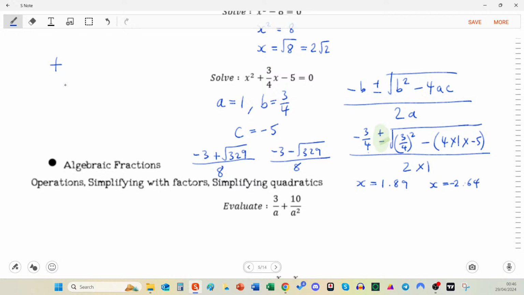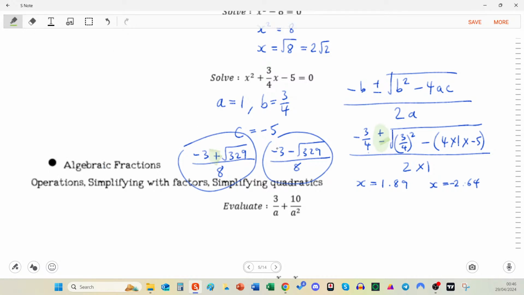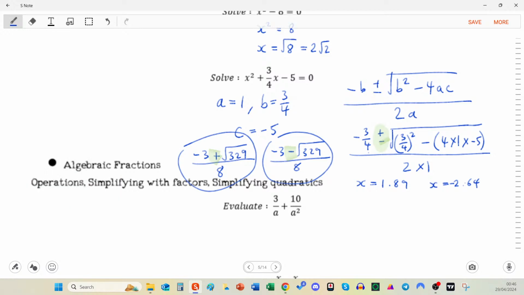So you need to do the one where it's plus, and the other option is where it's minus. That's represented by these two here, where the only thing that's changed is this. And that's where we get our two solutions. Is that what you mean? Or is it the previous question?